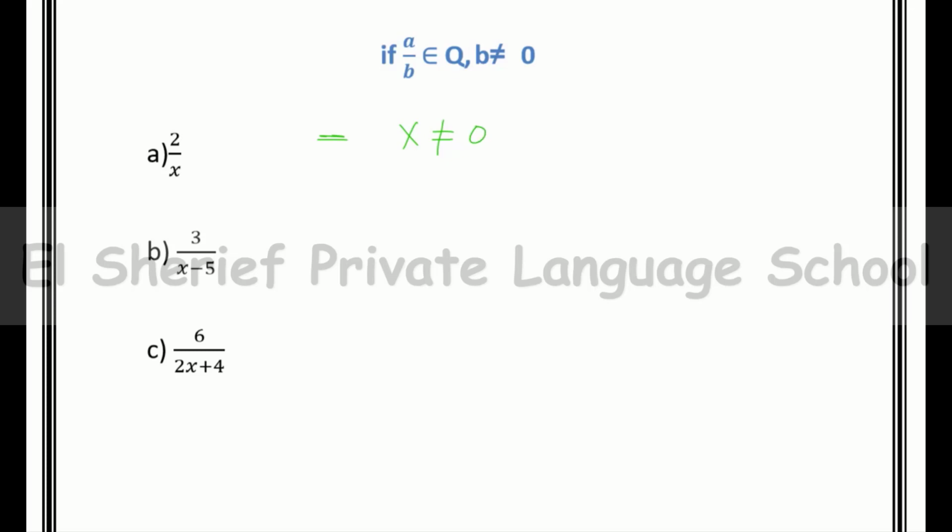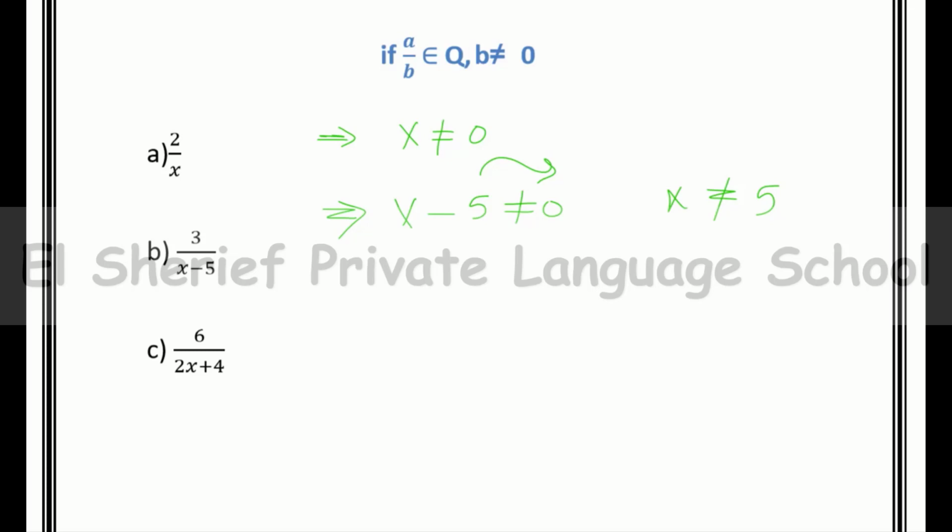But here, if I have letter B, 3 over x minus 5, x minus 5 must not equal 0. Put 5 on the other side with a different sign. So x must not equal 5. Here I can never put x equal to 5.